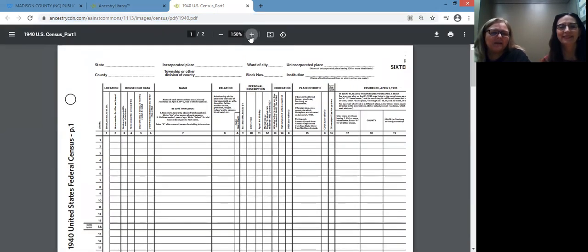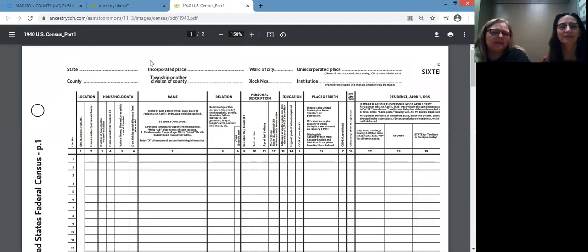With this, across the top, it has the state, the county, the township, the block or the ward, institution. Now, y'all have to remember that they would also go to hospitals. They would go to nursing homes, places of business, boarding houses. They would also go to prisons and gather names. So those are in here too.